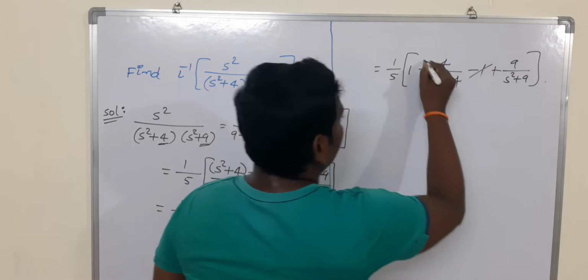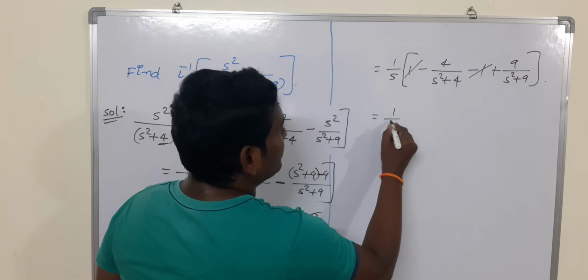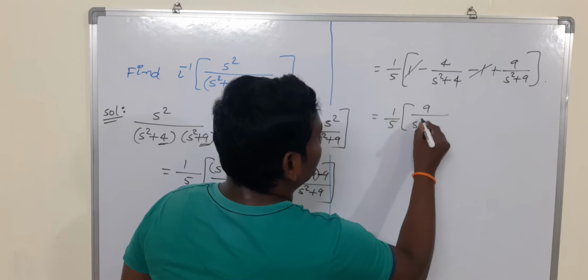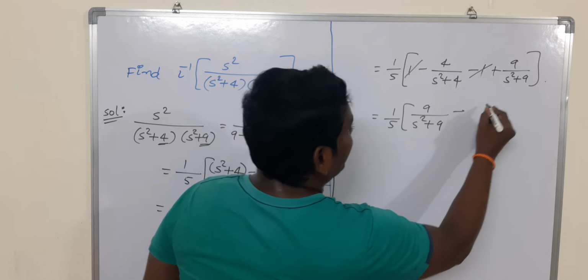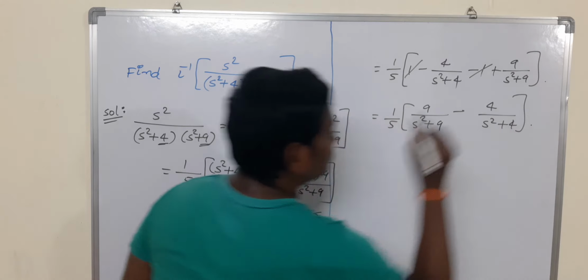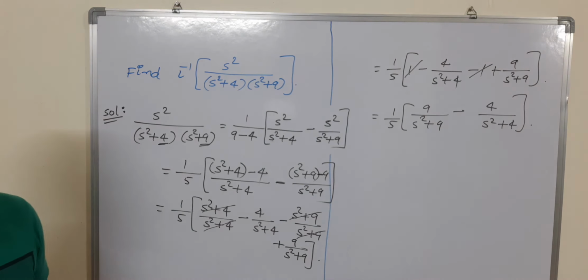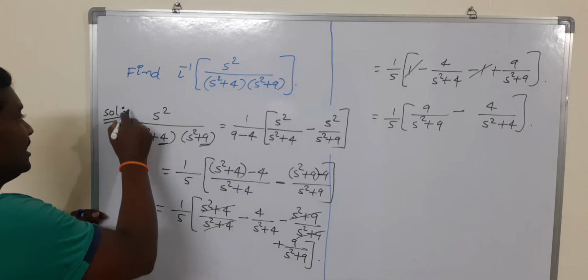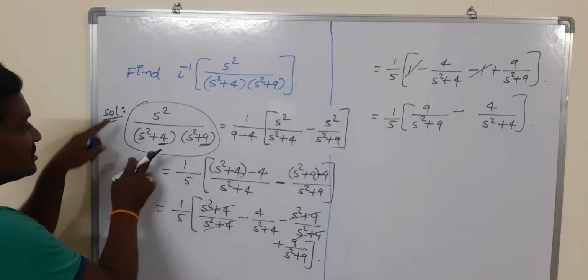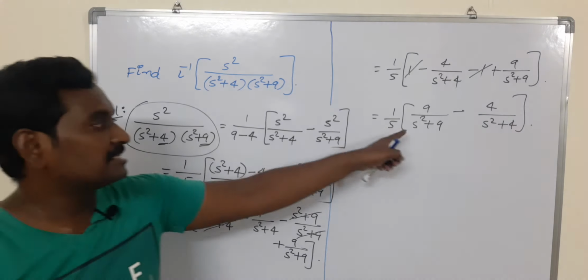So minus 1 plus 1 cancel here. So 1 by 5 of, first write this term because it is positive, 9 by s square plus 9 minus 4 by s square plus 4. So here we can find the partial fractions of this given function in this way.